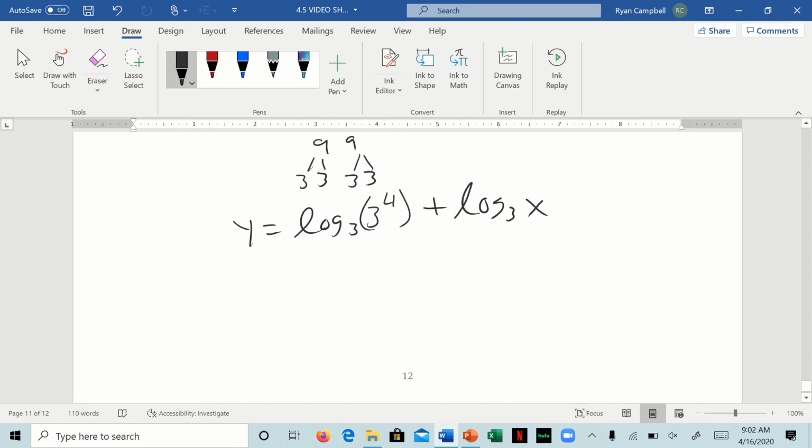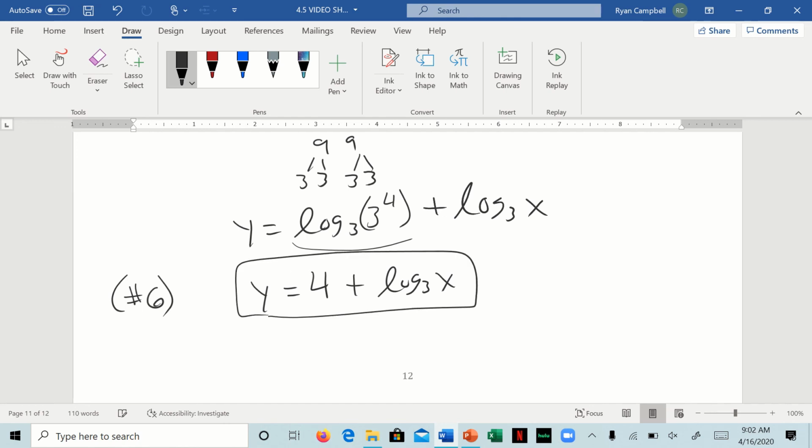Now, going back to our laws, which one could we use to simplify this term? Hopefully you saw that that's going to be law number 6, right? And that just simplifies down to y equals 4 plus log base 3 of x.